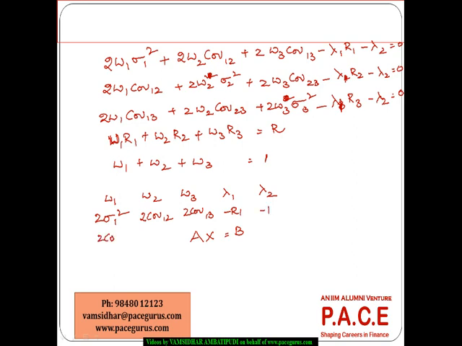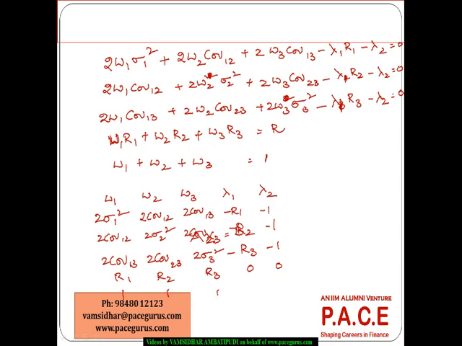Similarly, 2 covariance 1, 2, 2 sigma 2 squared, 2 covariance 2, 3, minus R2, minus 1. This becomes 2 covariance 1, 3, 2 covariance 2, 3, 2 sigma 3 squared, minus R3, minus 1. And here it becomes R1, R2, R3, 0, 0. And the final one will become 1, 1, 1, 0, 0.